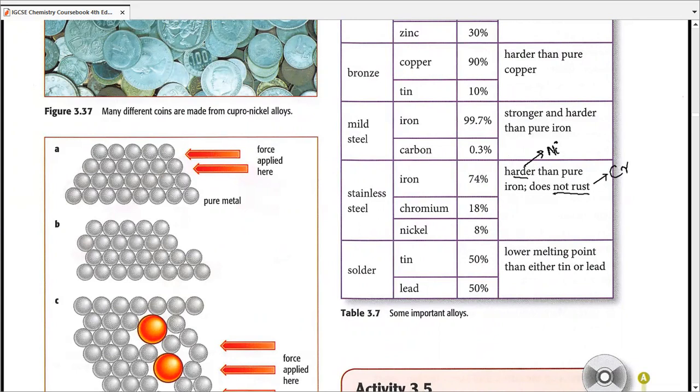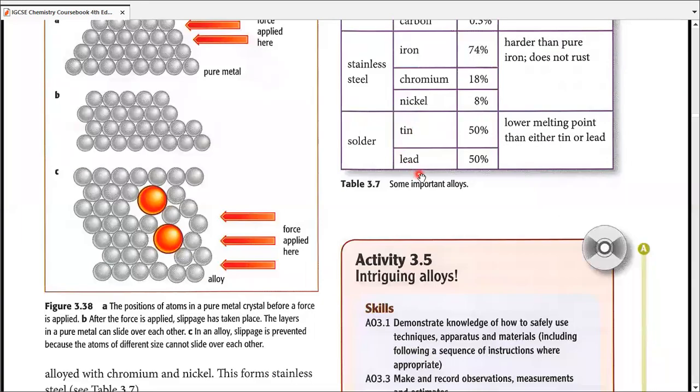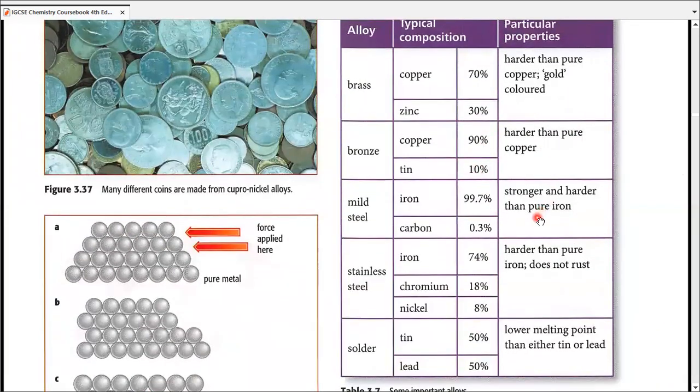Moving on, solder. It's a 50-50% combination of tin and lead. It has a lower melting point than either tin or lead, and these are used for many different purposes. For example, brass is used where we require something harder than copper.